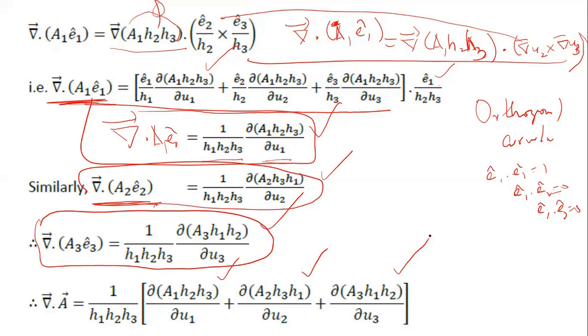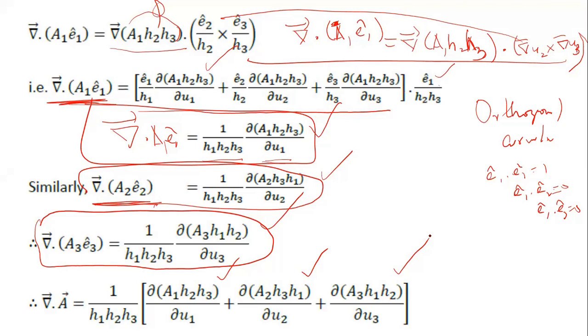Okay, so this is how we can express divergence of a vector field in an orthogonal curvilinear coordinate system. So for a specific orthogonal curvilinear coordinate system, we can determine our H1, H2, H3, U1, U2, U3, and we will discuss that, I think, in the subsequent lectures.